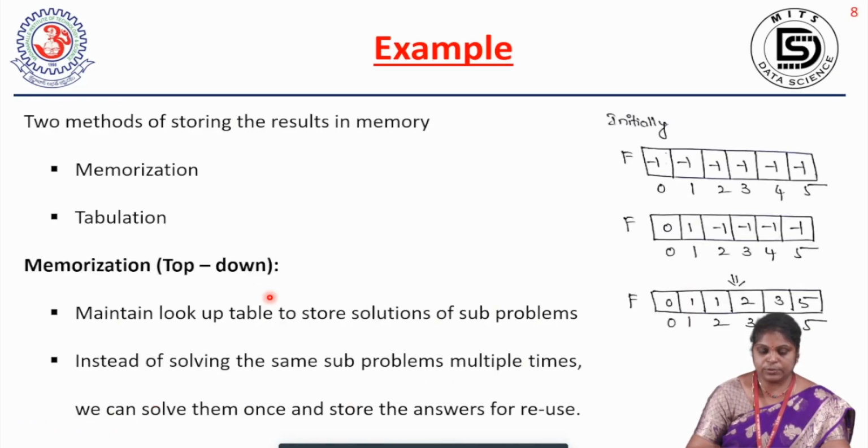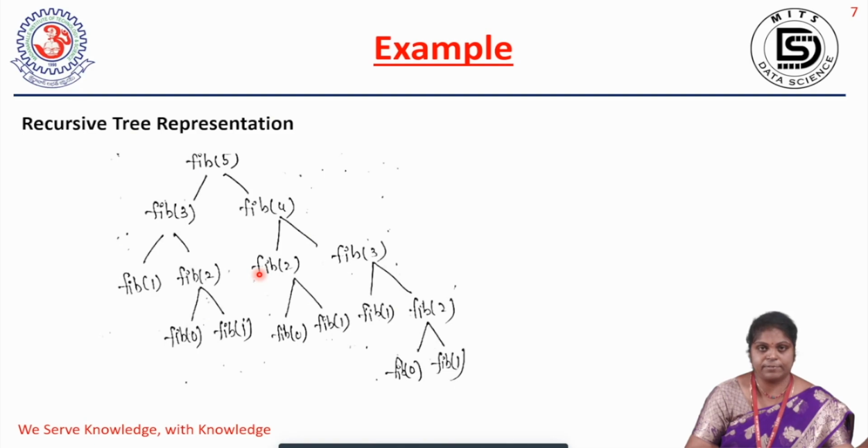There are two ways we can store the solutions. Those two ways are memoization and tabulation. Memoization is called the top down approach. The previous example is an example of the top down approach.